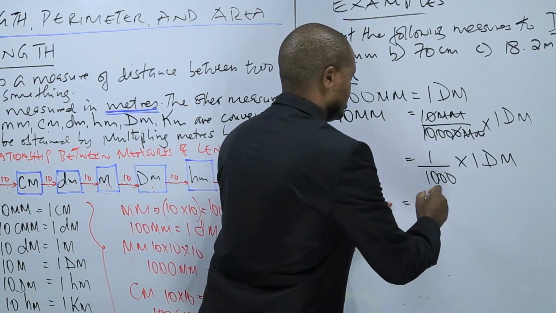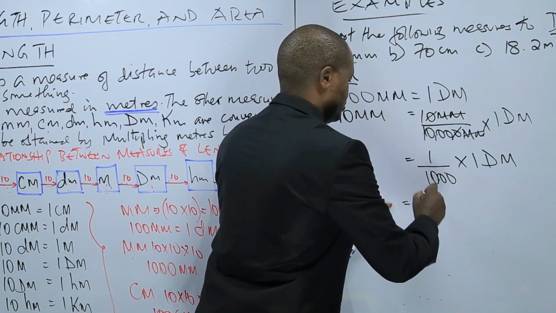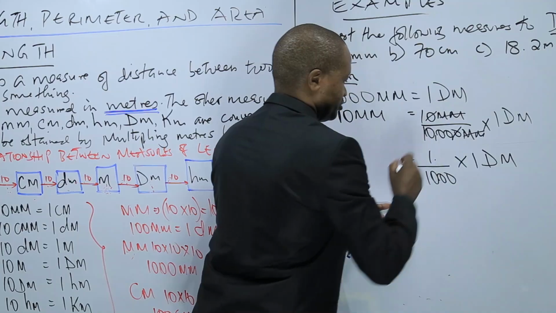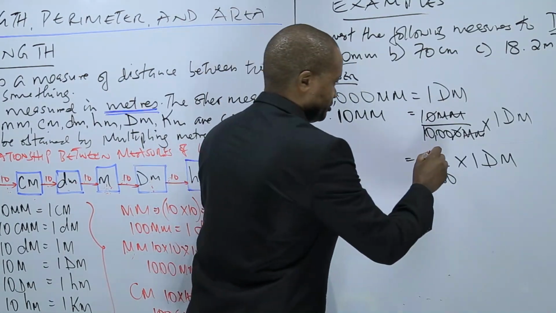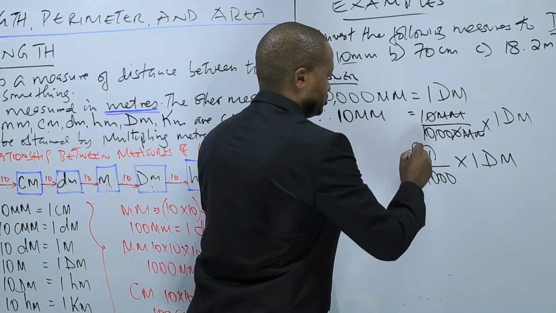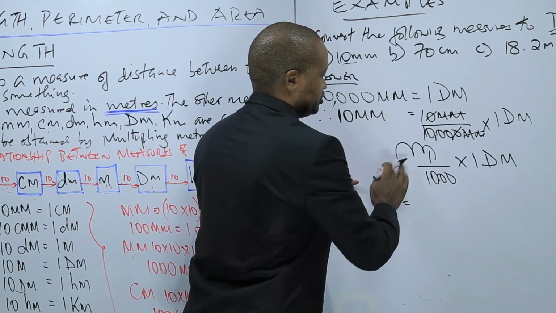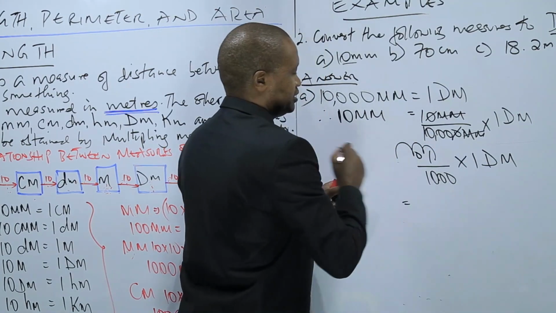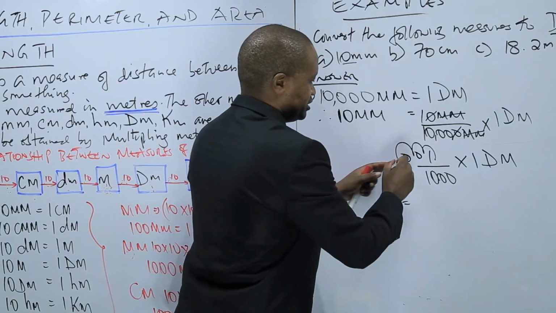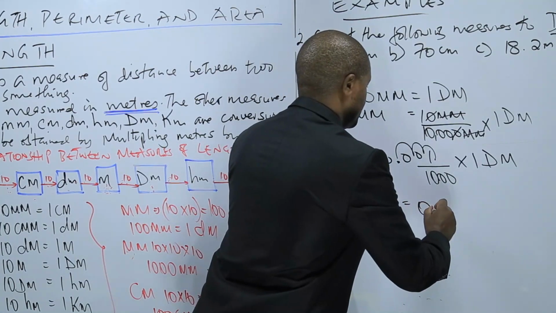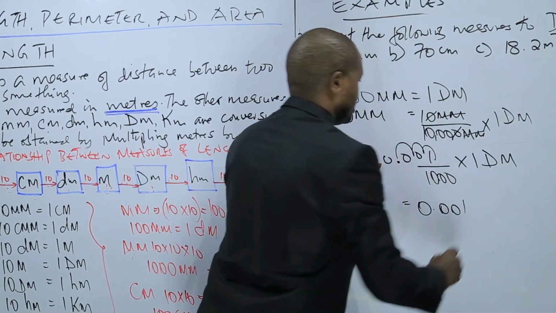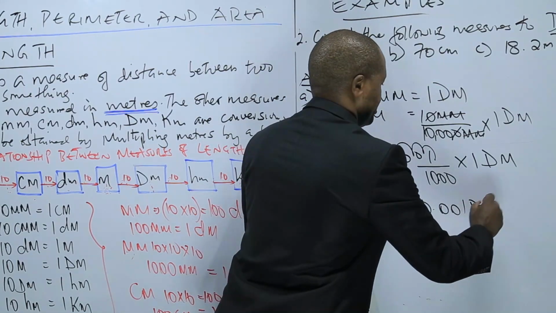We move the decimal point back how many times? 3 times. So we have 1, 2, 3, a 0 there, another 0 here, and this is the decimal. So this will be equal to 0.001 decameters.